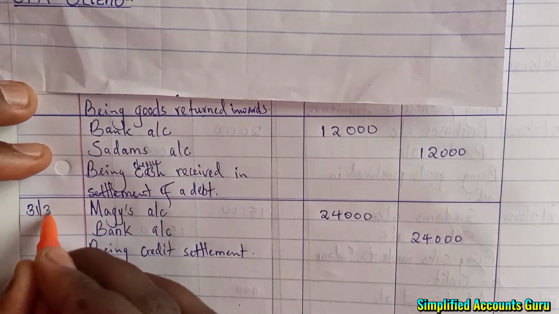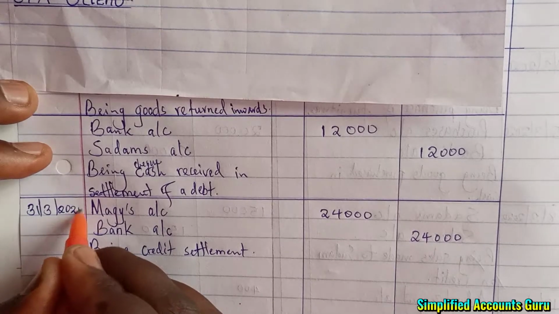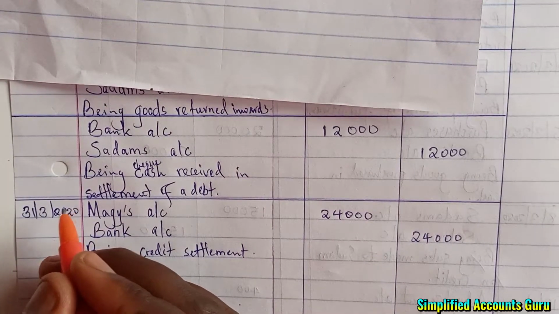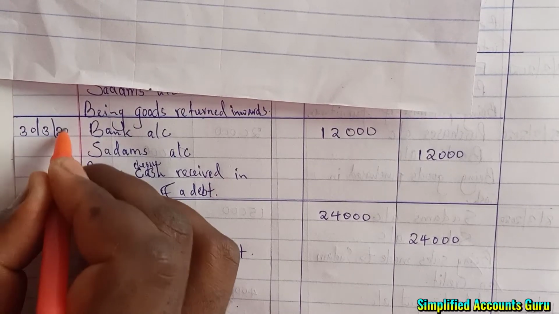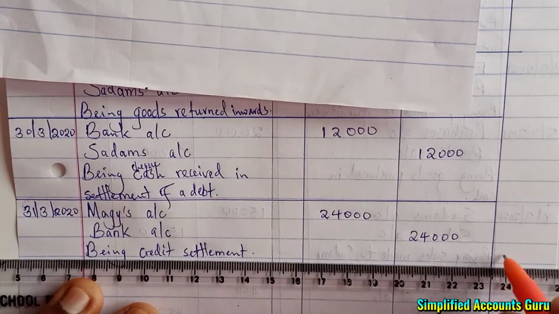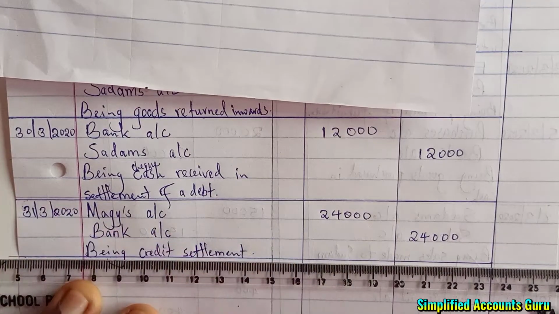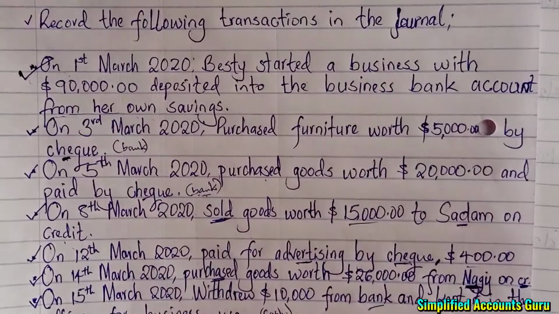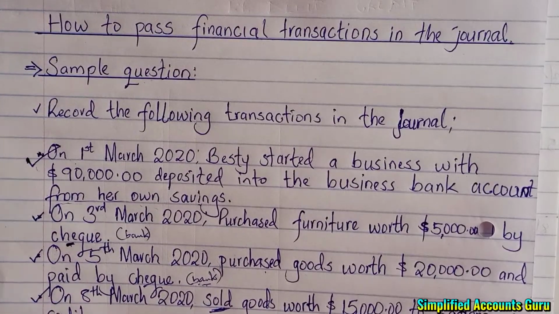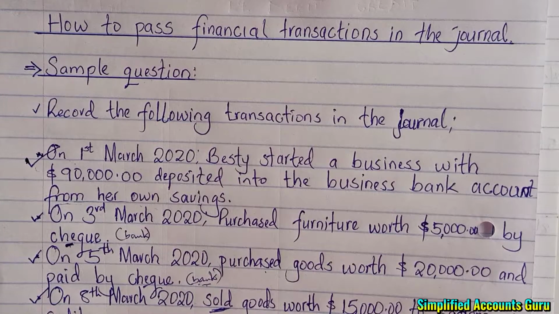It is 31st March 2020 and the upper one was on 30th March 2020. So this one brings us to the end of recording financial transactions as we had seen here. So we are done with the topic of journal entries.